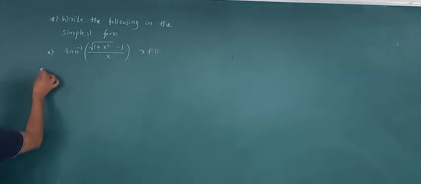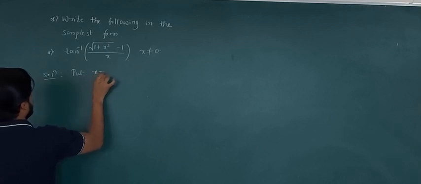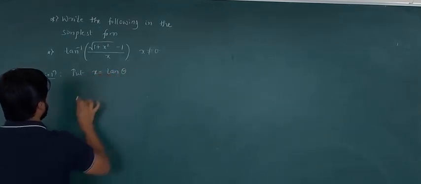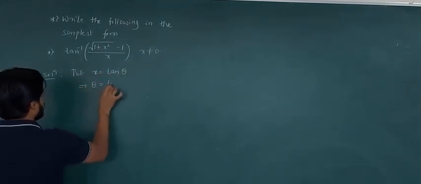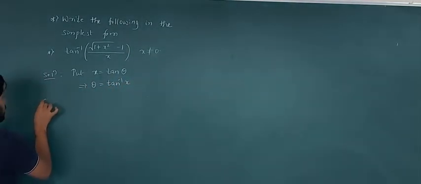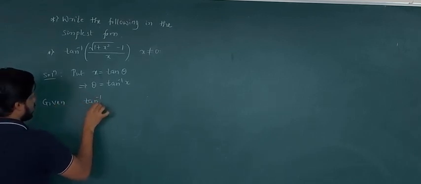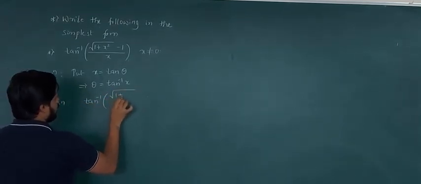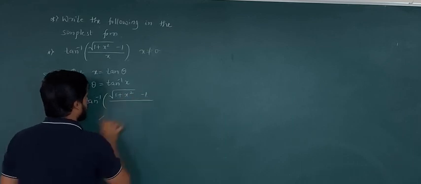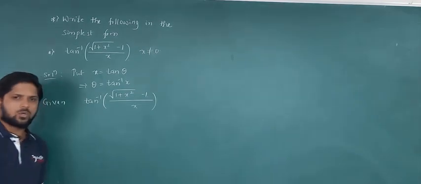So, solution of this example. Here put x equal to tan theta, and theta equal to tan inverse x. So given tan inverse of square root of 1 plus x square minus 1 divided by x. Now we have to substitute x equal to tan theta.